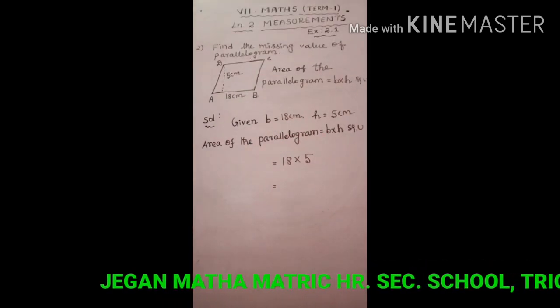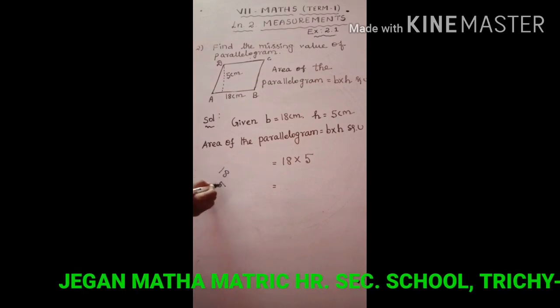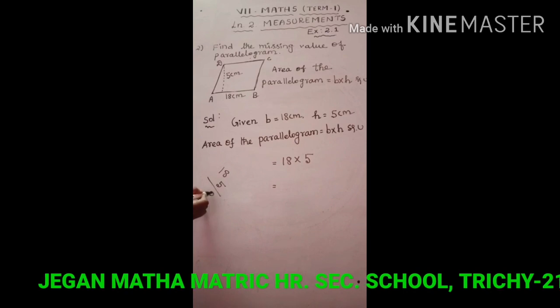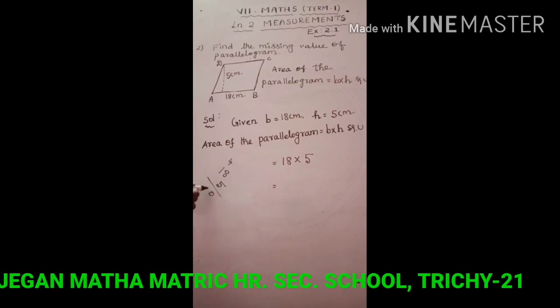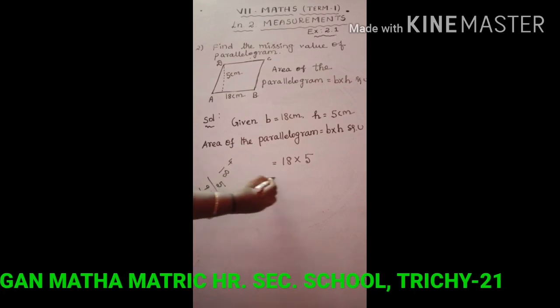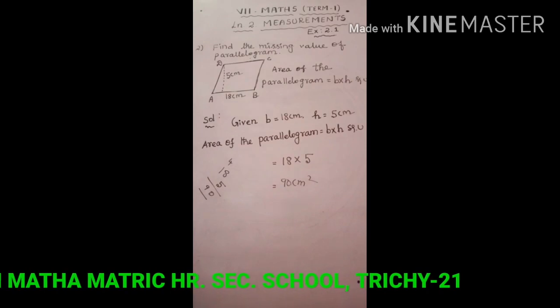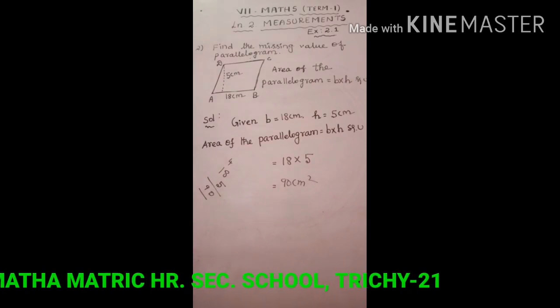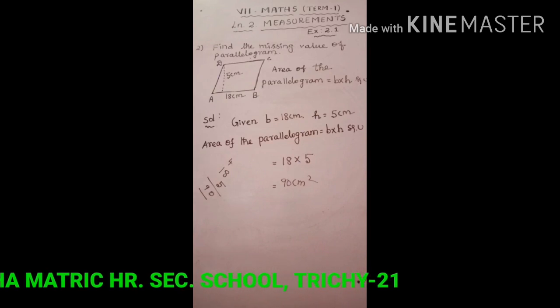So 18 multiplied by 5. 5 8s are 40. Remainder 4. 5 1s are 5. 5 plus 4 is 9. So we have 90 centimeter square. So the area of the given parallelogram is 90 centimeter square.